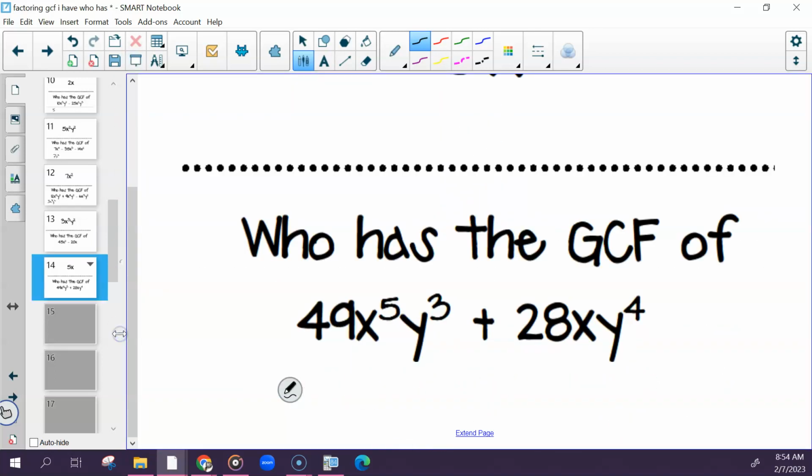So then, who has the GCF of 49x to the 5th y to the 3rd plus 28xy to the 4th?